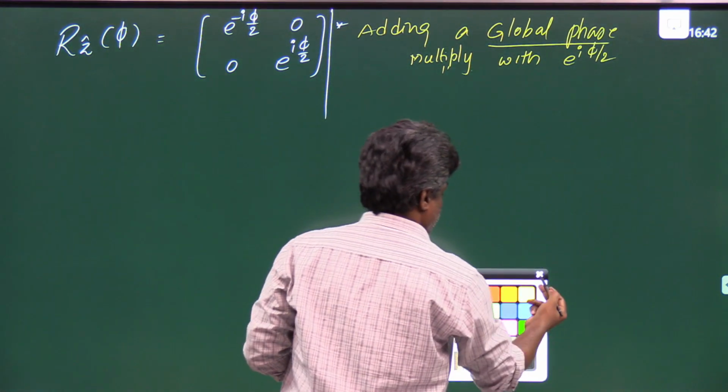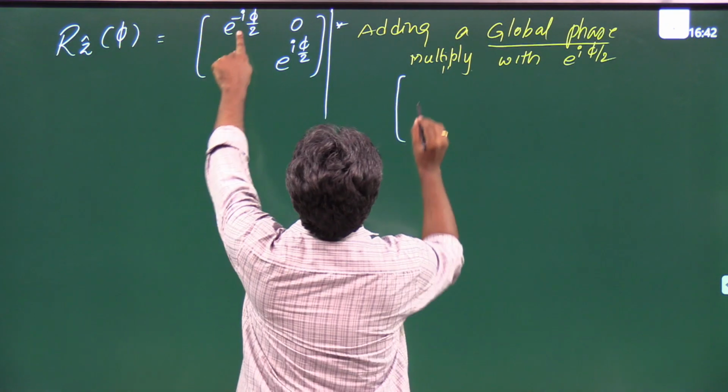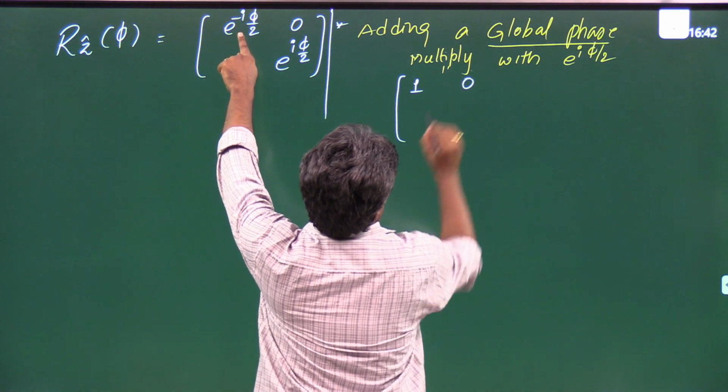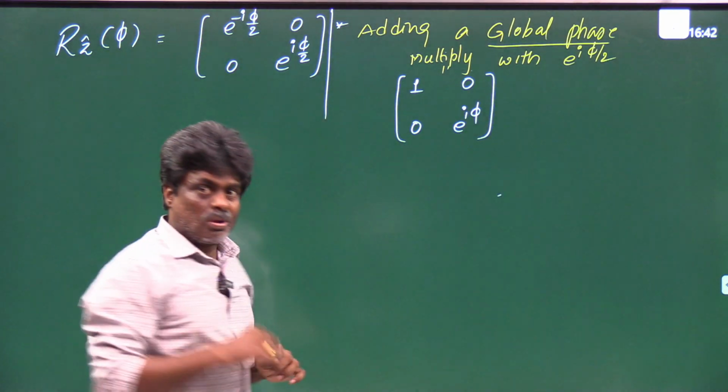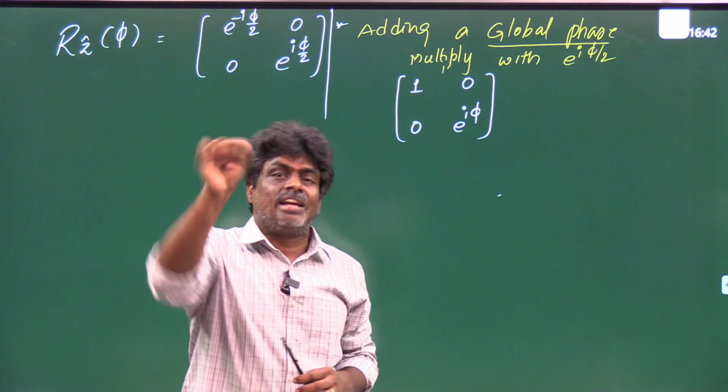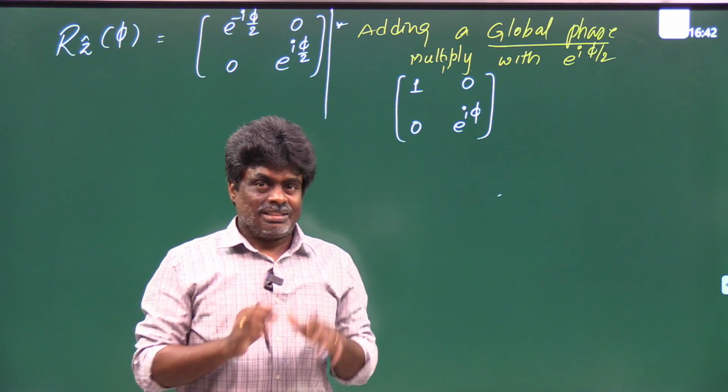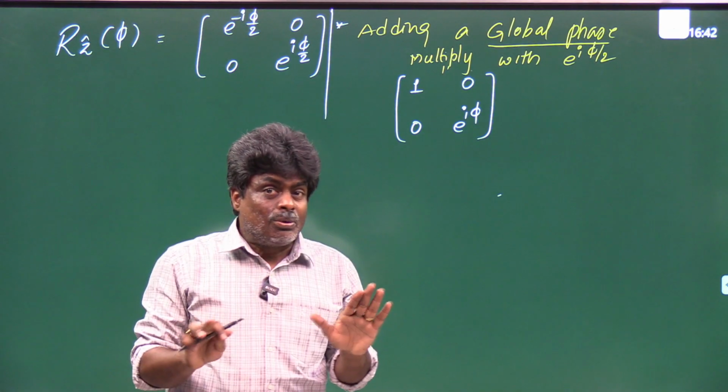So the matrix will become 1, 0, 0, e raised to i phi, since every element is multiplied with e raised to i phi by 2. Then what will be the change? The operation has no change.